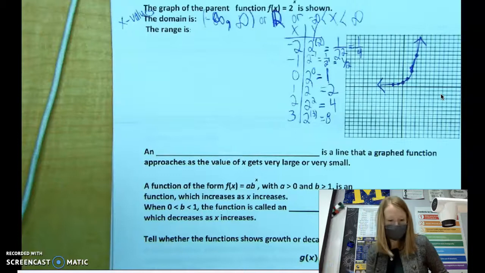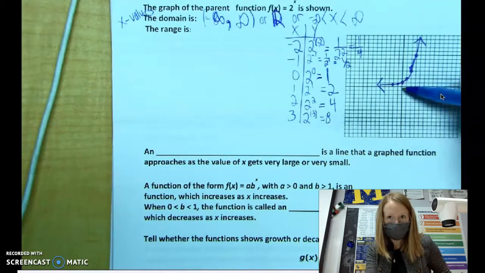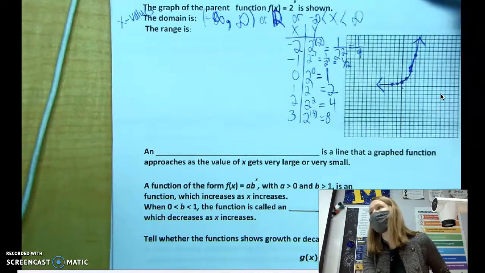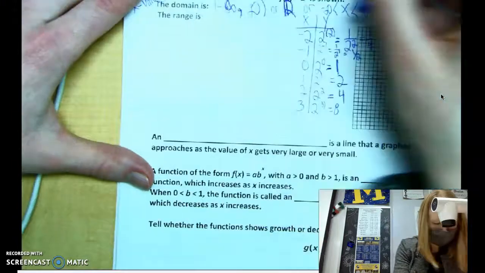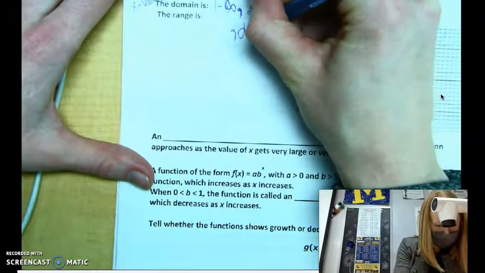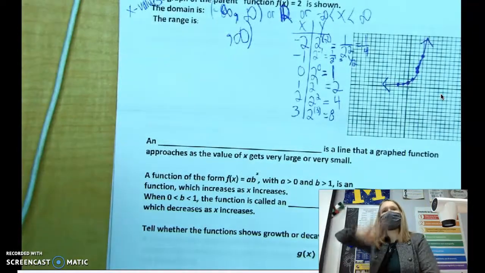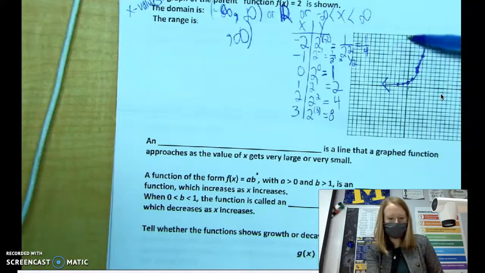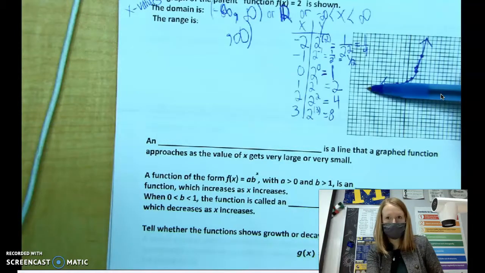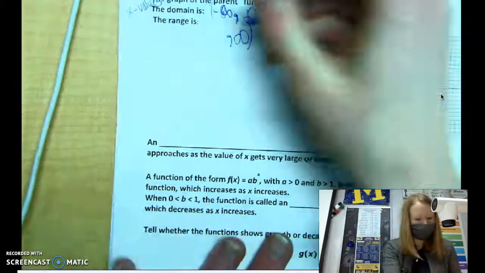in the y direction, it could go up and up and up forever, right? But looking at the bottom number, so if we go up and up and up forever, that means my upper boundary is infinity. What's my lower boundary? What's the lowest it could go on the y-axis? You see that? On the y-axis, it kind of stops at 0, but it never is actually going to touch 0.